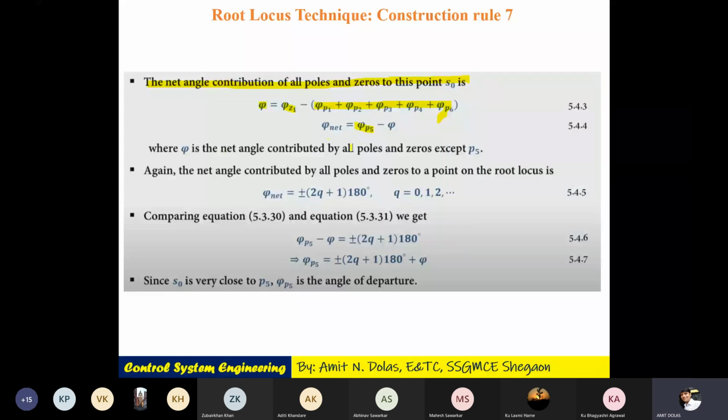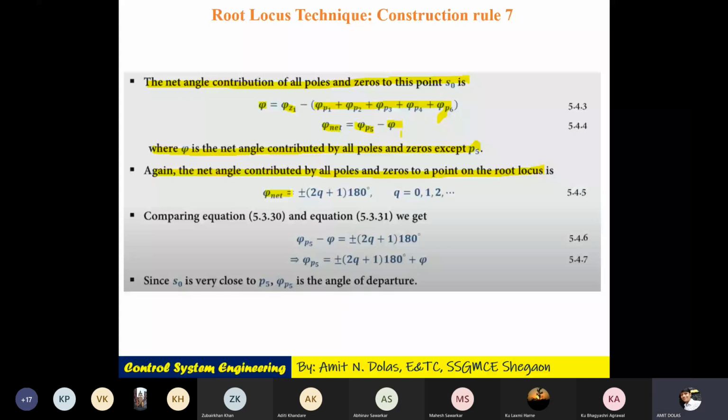So the total angle contribution will be phi of P5 minus phi, where phi is the net angle contributed by all poles and zeros except P5. Again, the net angle contributed by all poles and zeros to the point on the root locus is given by the formula for the angle criteria, that is (2Q plus 1) into 180.